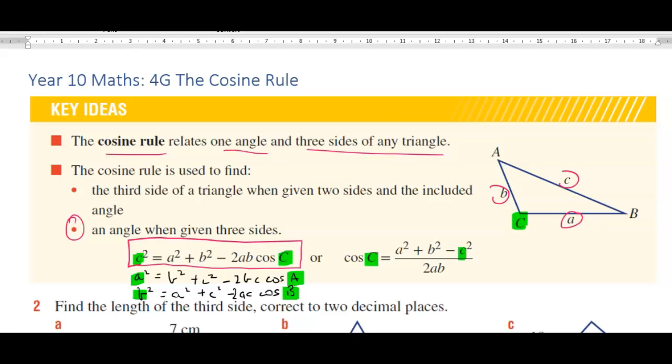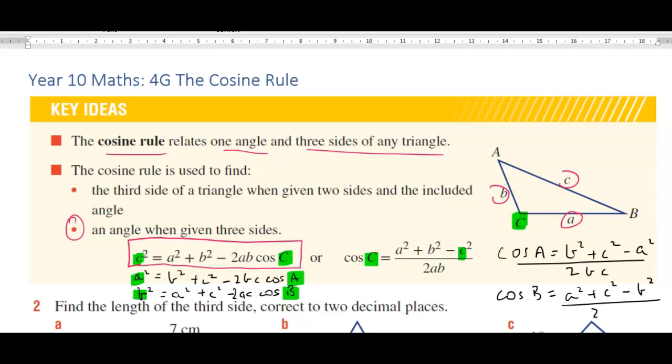Other variations of that: you could have cos A, so you're finding angle A. You would then have b squared plus c squared minus a squared over 2bc. Or if you're finding angle B, you have cos B equals a squared plus c squared minus b squared over 2ac. So it's the same formula, it's just a, b, and c change.